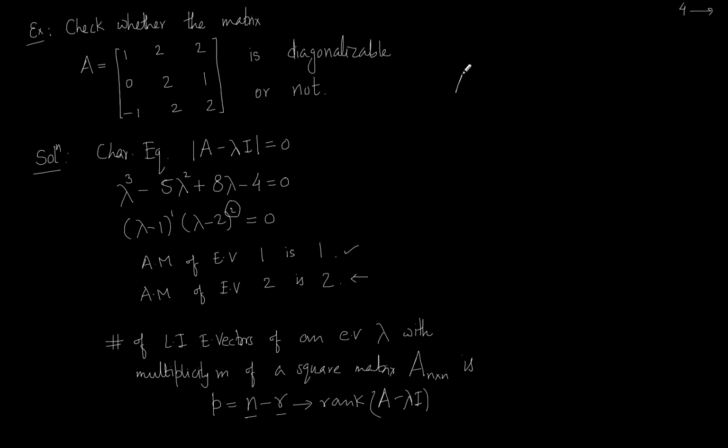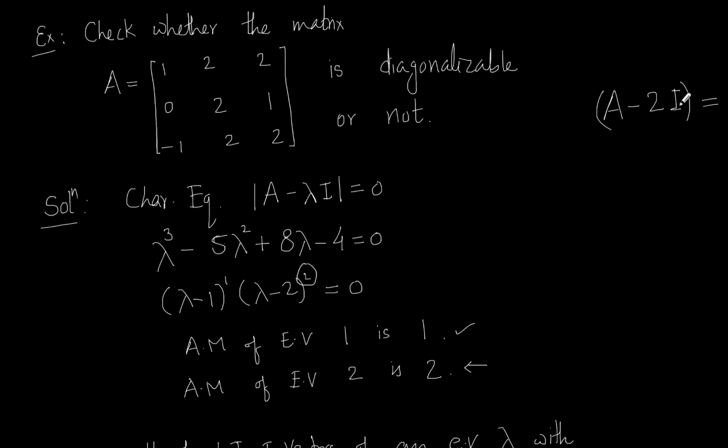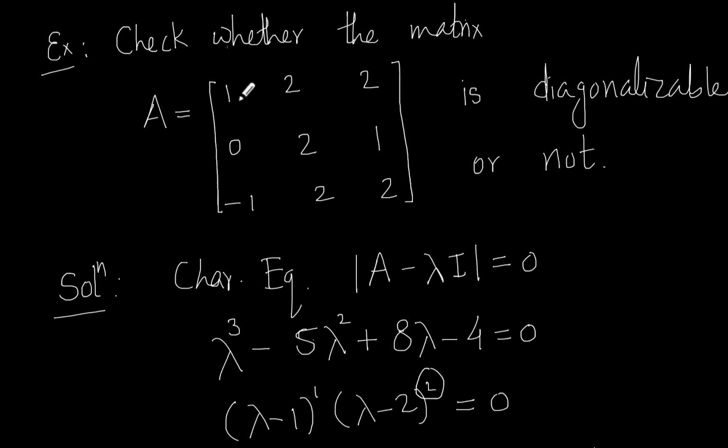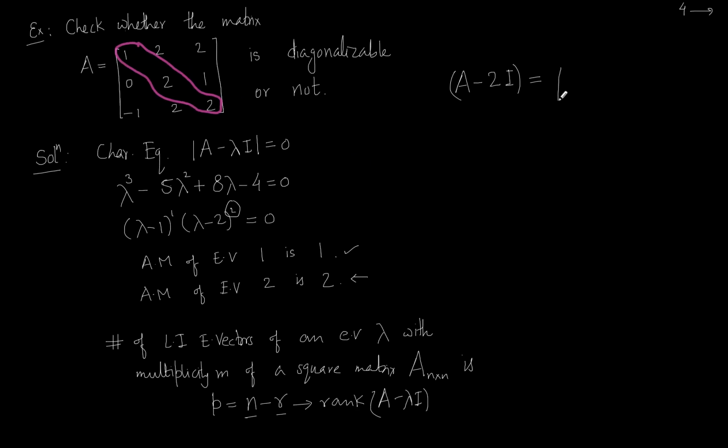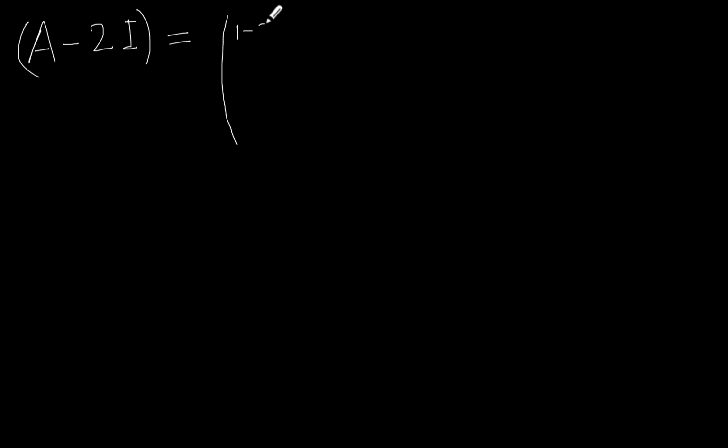So we will find the rank of the matrix A minus 2I, because lambda is equal to 2. How do you obtain A minus 2I? In the given matrix, in the main diagonal entries, just put minus lambda, meaning minus 2. So you have the matrix 1 minus 2, 2, 2; 0, 2 minus 2, 1; minus 1, 2, 2 minus 2.